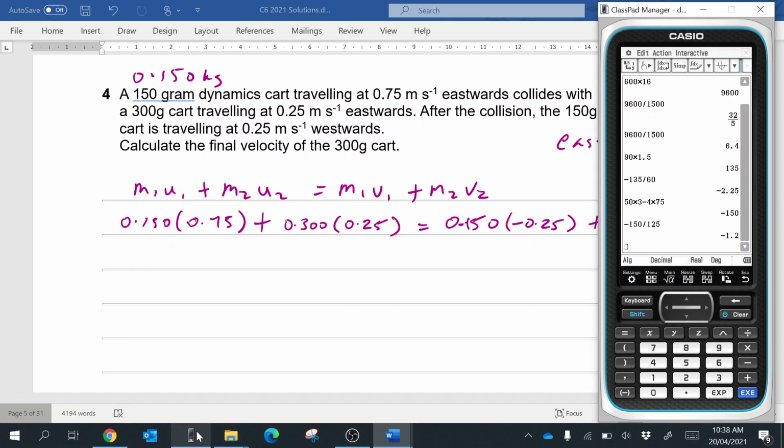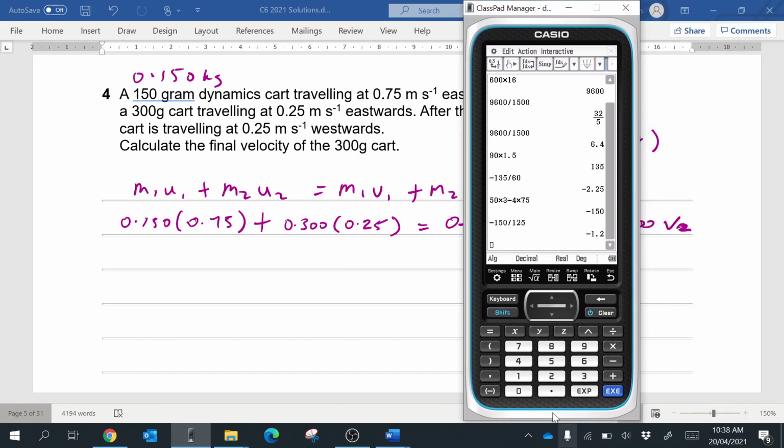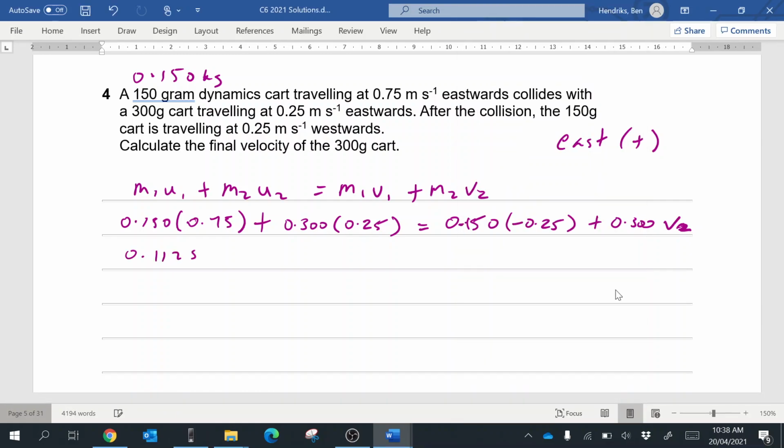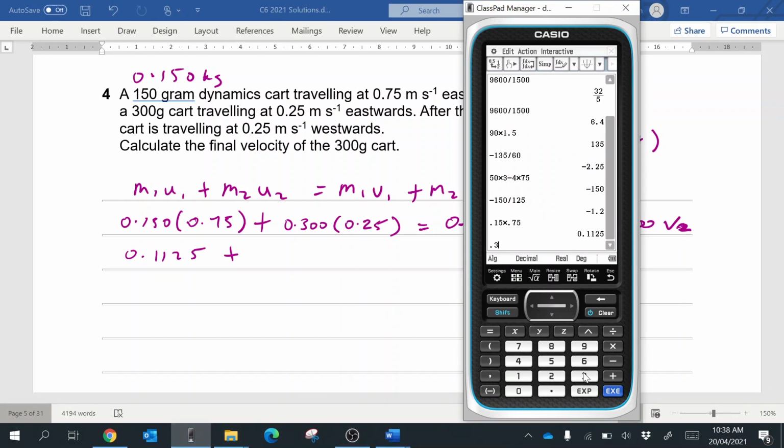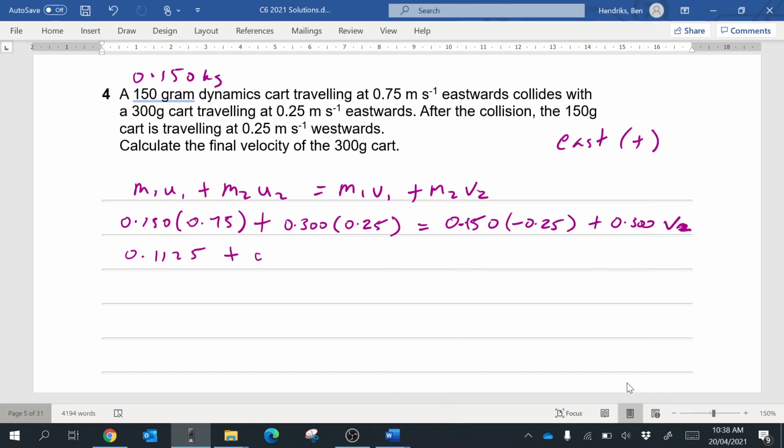So let's grab our calculator out, and 0.15 times 0.5 equals 0.075. We'll keep all the decimals in while doing our calculations. Plus 0.3 times 0.25 is going to be equal to 0.075.